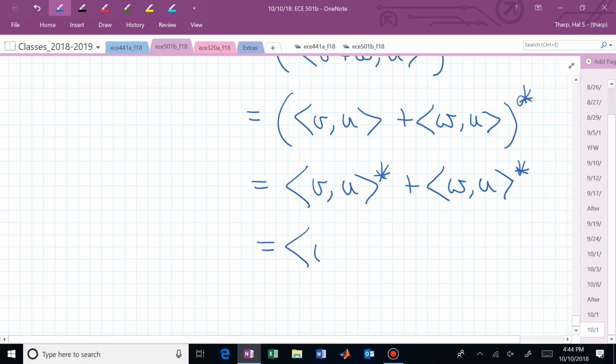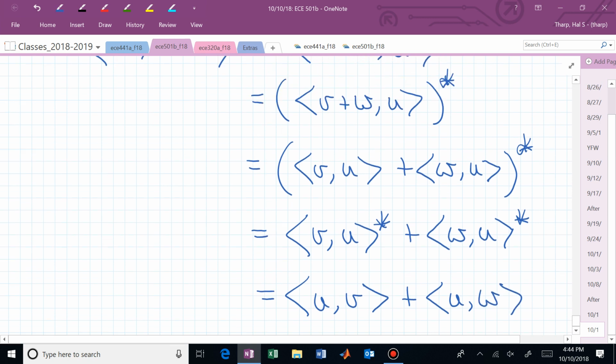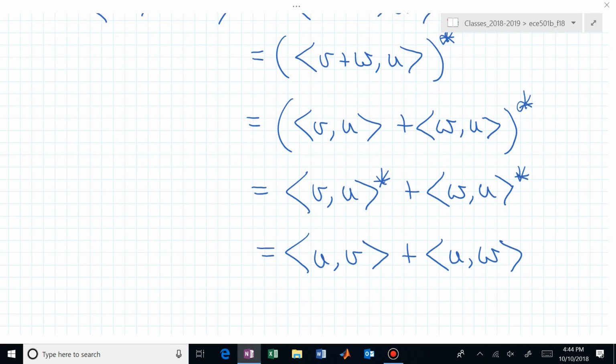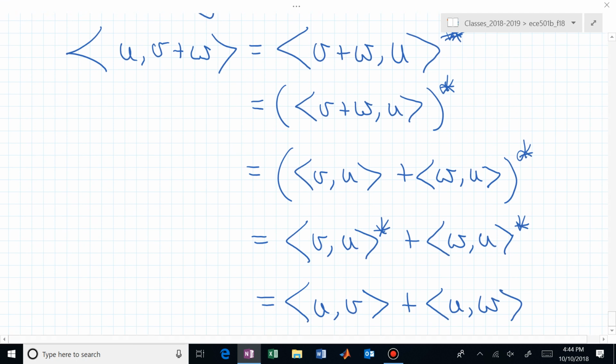So this one becomes u comma v plus u comma w. And what does that now show? Now you can see that we have additivity of the second slot by comparing the leftmost with the rightmost entry. So we don't have to show that anymore. We can just claim that we have additivity of the second slot.